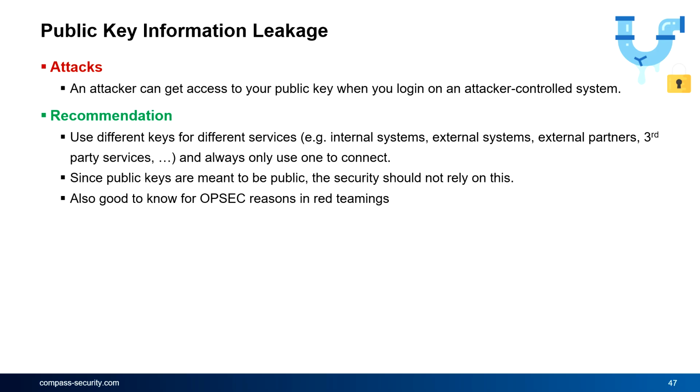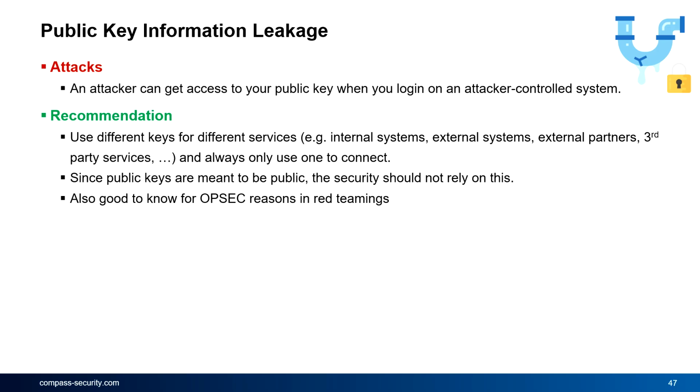But if you want to remediate that, you have to use different keys for different services. For example, you could use dedicated SSH keys for internal systems, for external partners, for third-party services, and so on, and always just use one when you connect. But as said before, since public keys are meant to be public, the security should not rely on this.